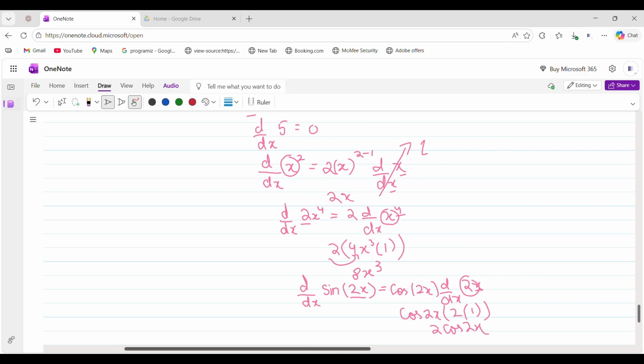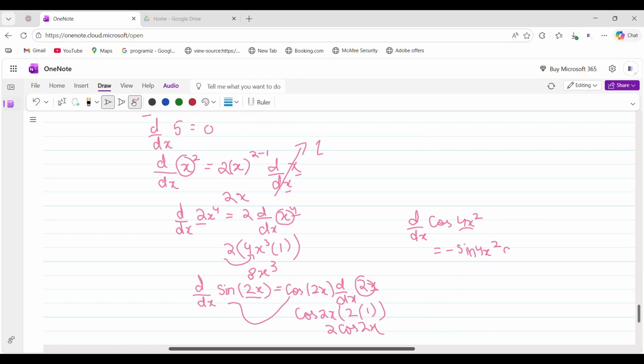Now if you have to find the derivative of cos: the derivative of sine is cos, right? And the derivative of cos is basically minus sine. So minus sine, the function would remain the same, 4x square. You will not stop here, but you will take the derivative of 4x square. Okay, so minus sin 4x square, this coefficient will go out, and then you take the derivative of x square.